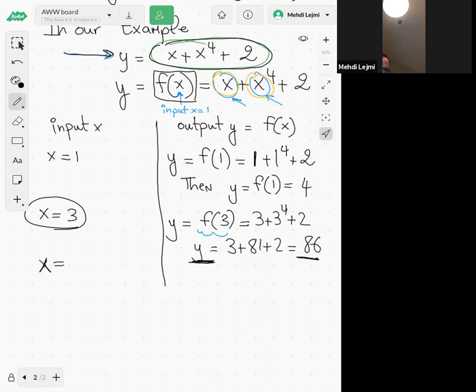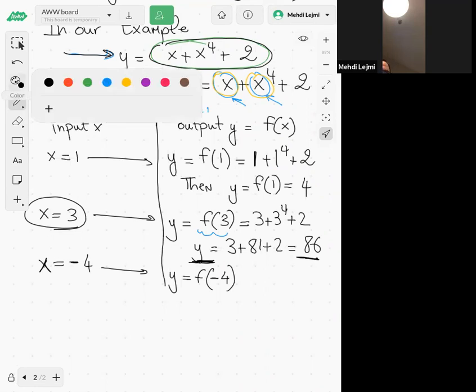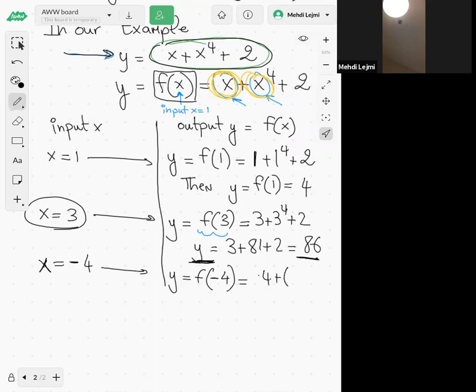It could be positive, x could be negative. So if x is negative 4, then f of negative 4: all you have to do again is substitute x by negative 4. That's negative 4 plus negative 4 to the power 4 plus 2, etc. Right?